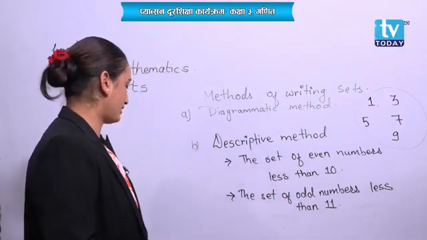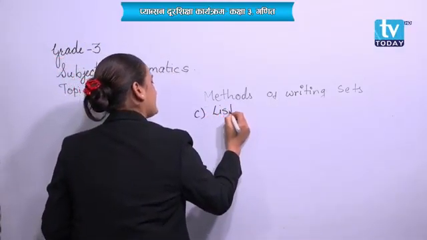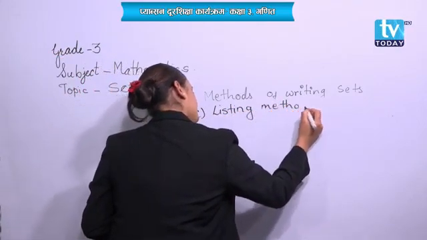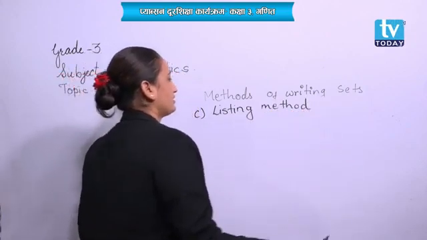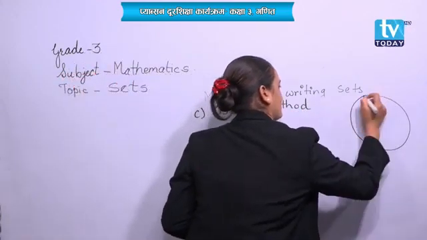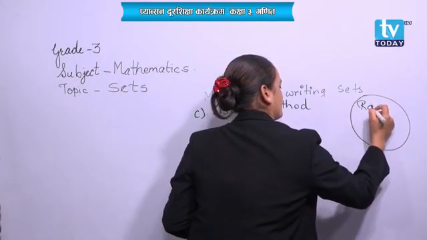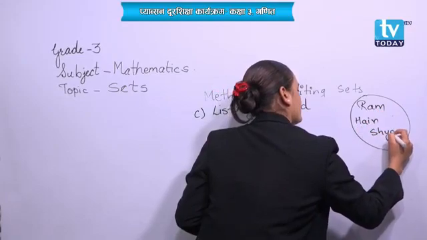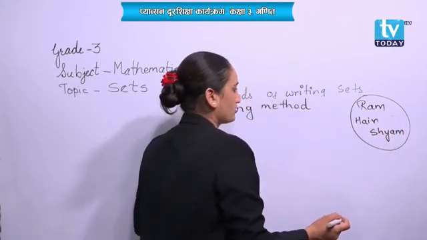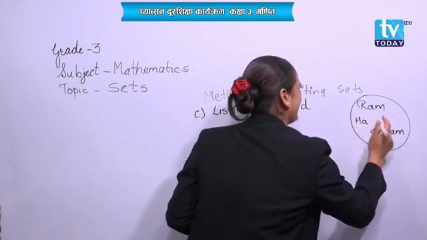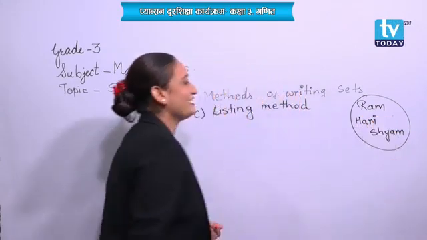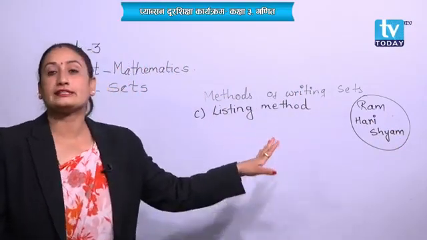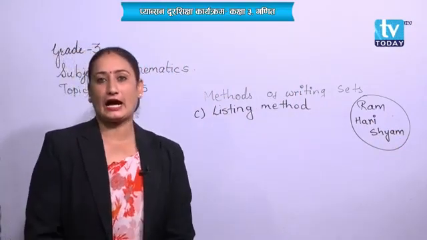Okay, let's write it through the listing method. Ram, Hari, Sam. Now see here, through the listing method, now you have to list it out.